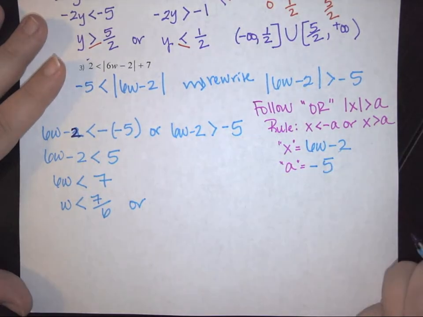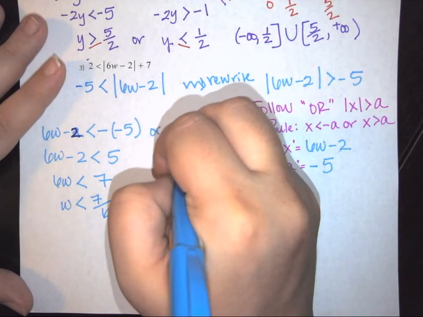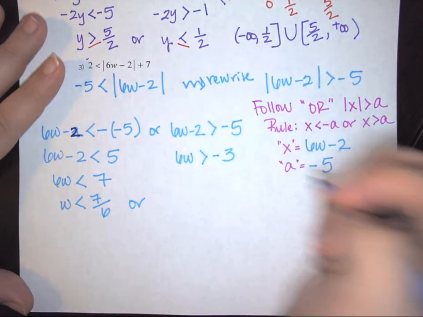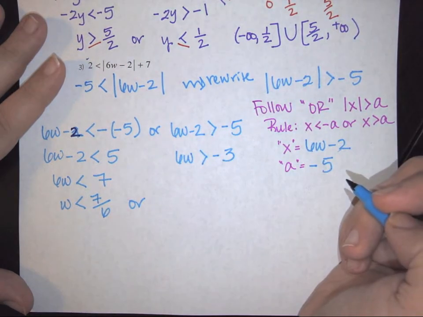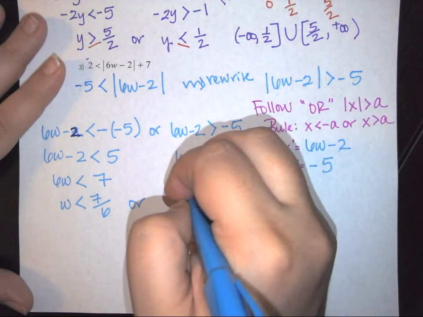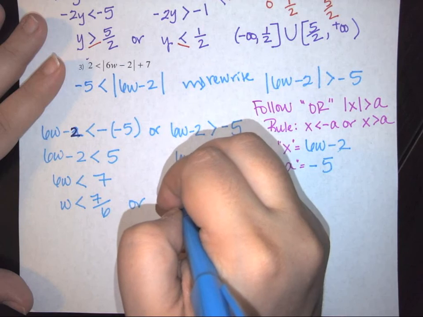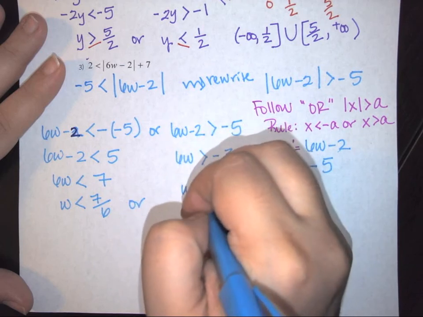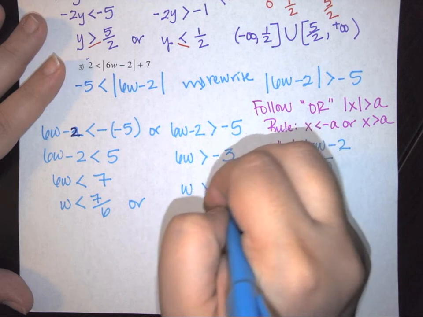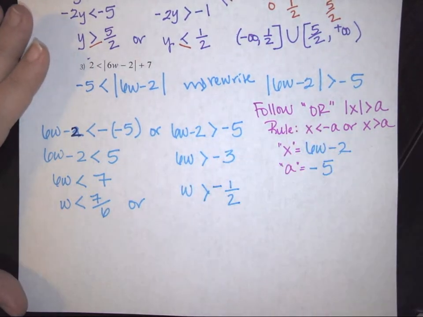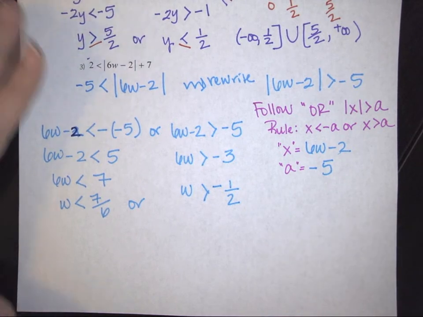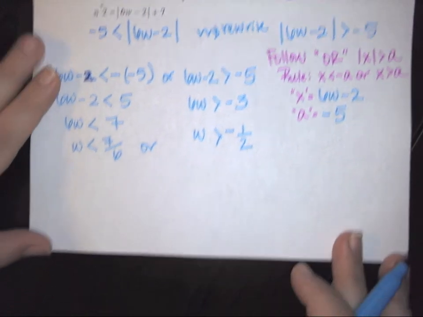I still need to add 2 to both sides, so 6w is greater than -3. I then have to divide everything by 6, so I have w is greater than -1/2. Why? Because 3 over 6 reduces to 1/2. So now I've got my two terms. So at this point I'm feeling pretty good.